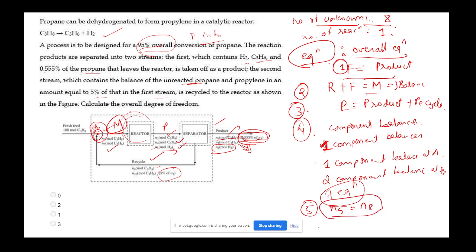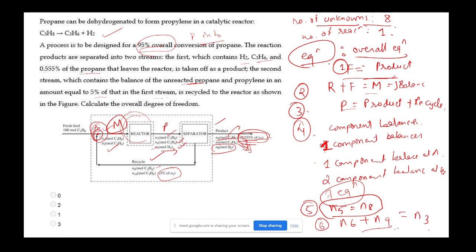Okay. Next, also you can say that here it is mentioned that propane is given, and there is one more relation: N6 plus N9 equals N3.